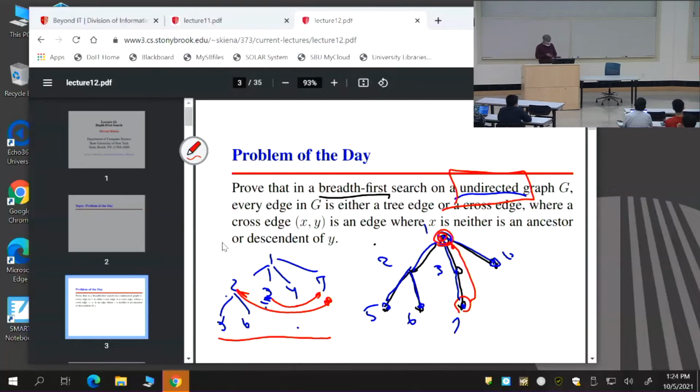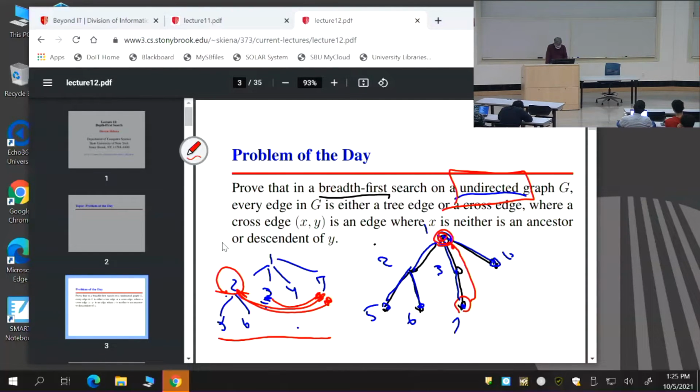No, because if it was an undirected graph, the older brother was the one that got expanded first, right? So the edge would have gone that way. We would have discovered that edge when we were exploring 2 and not 7. So we can't have edges go to an older brother.